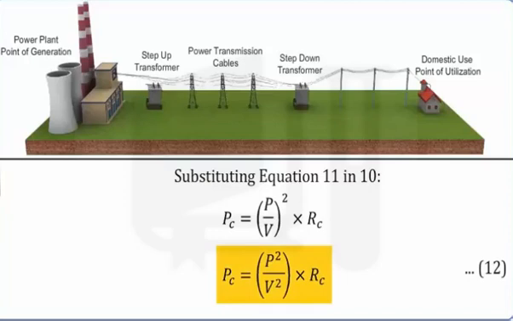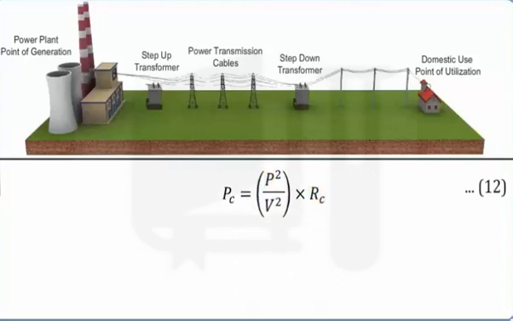In equation 12, we can say that the values of power P generated at source and the resistance RC of the cable are constants. Therefore, it implies that the power loss by the cable PC is inversely proportional to the square of the voltage generated.